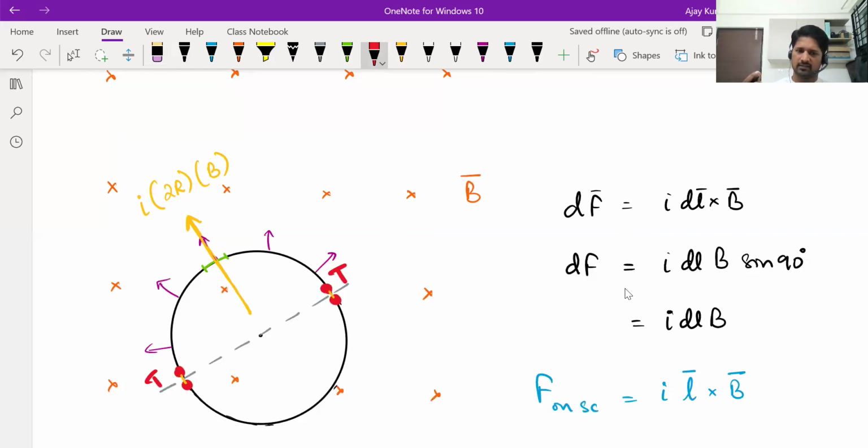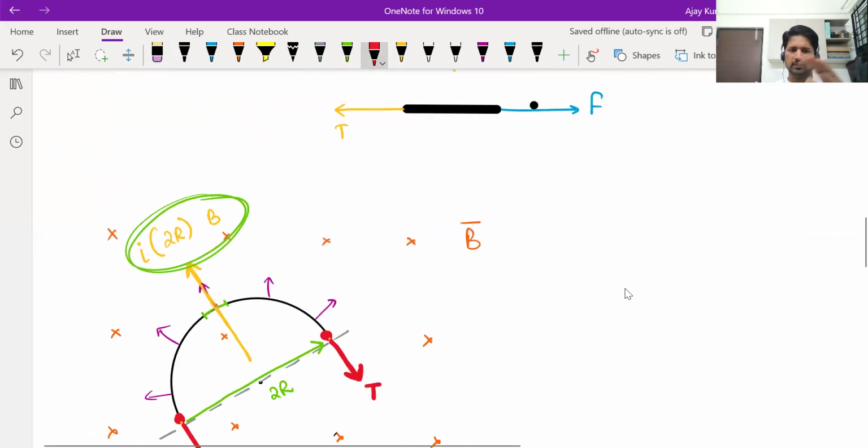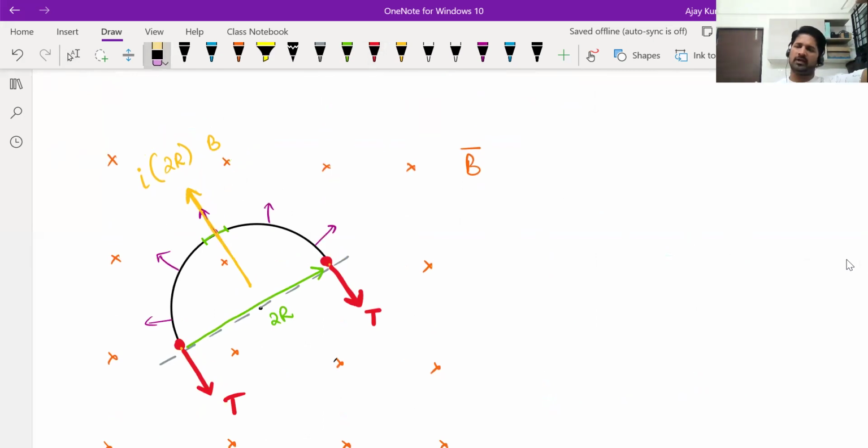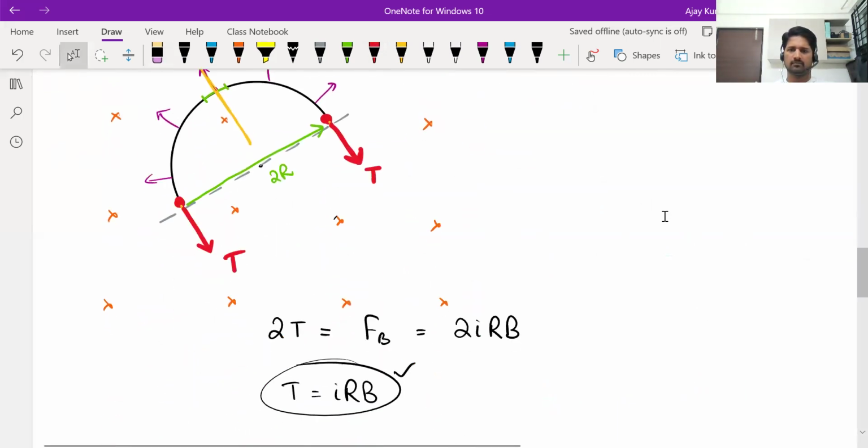Intermolecular attraction is holding the wire in place. So I visualize that semicircle separately now. Only that one half of the wire, there is a magnetic force trying to pull it away. There are two tensions holding it in place. So those two tensions should be balancing the magnetic force. So 2T is equal to 2 times IRB. T becomes IRB.